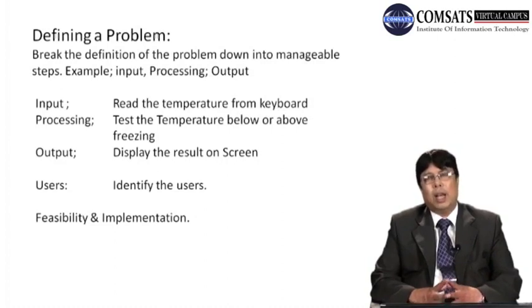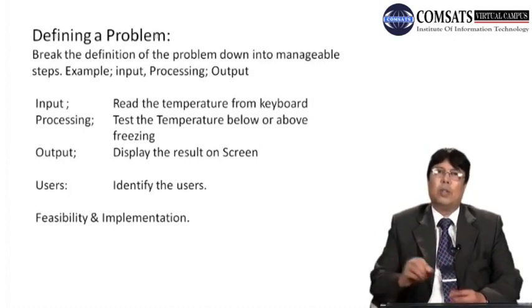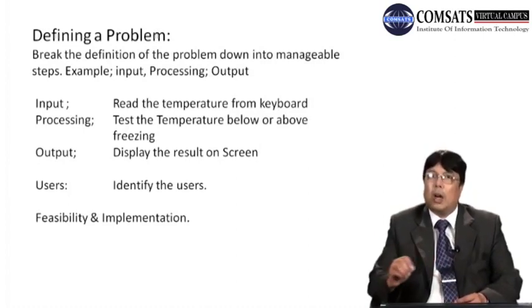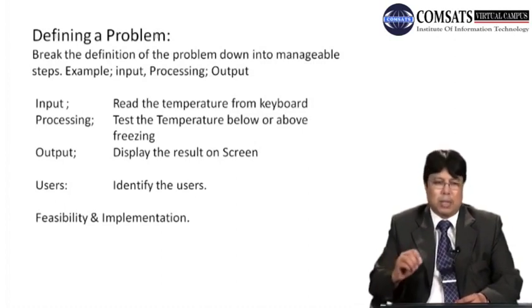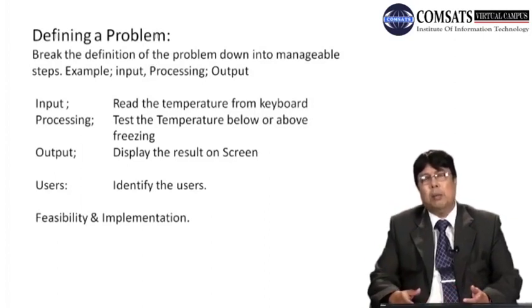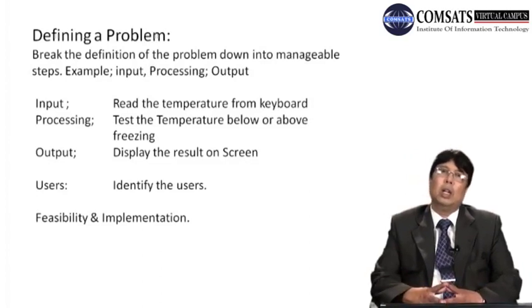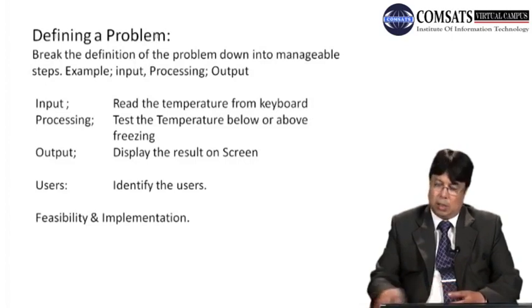So while defining a problem, you may define it in detail, and the best recommendation is to write down whatever you define, whatever you describe, all the steps: input, processing, output, users, feasibility. You may not be defining feasibility and implementation in the beginning, but whenever you describe something related to the problem definition, I suggest you write it down.